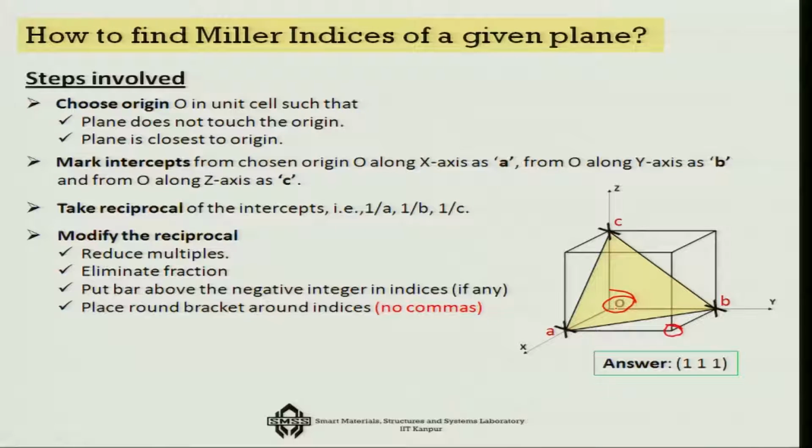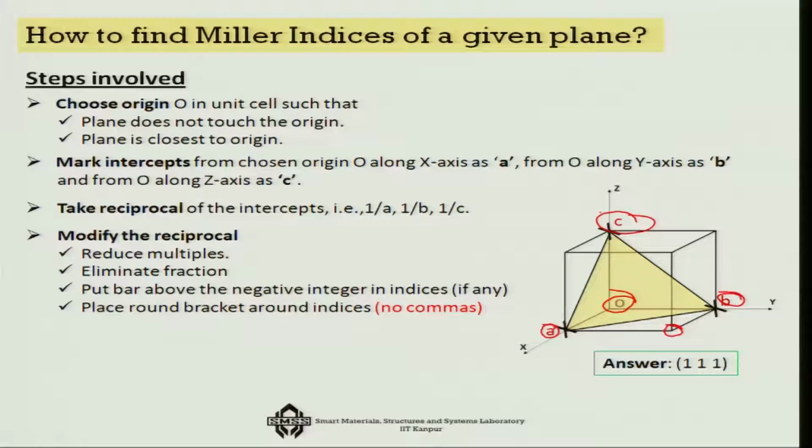So, that is how you first choose the origin. Then you mark the intercepts from the chosen origin O along the x axis A, y axis B and z axis C. Now, take the reciprocals, that is 1 over A, 1 over B, 1 over C. After taking the reciprocal, if there are some common multiples involved, you can reduce them. This will simplify it. You can also eliminate fractions by multiplying suitably if needed.